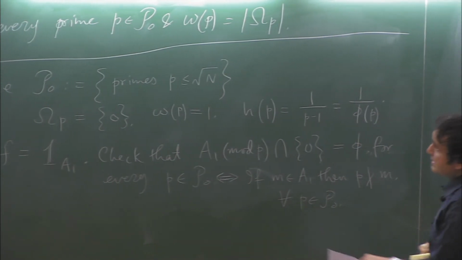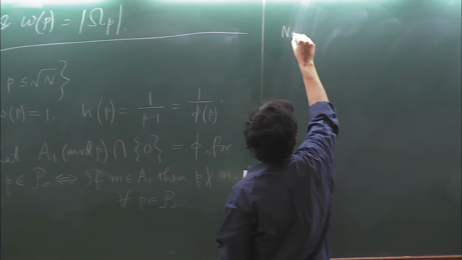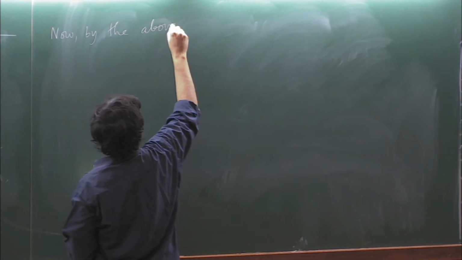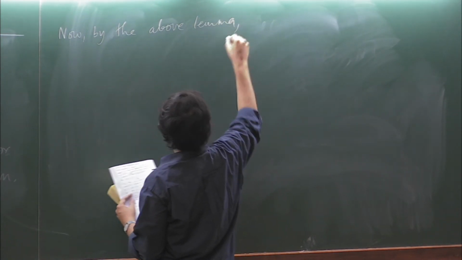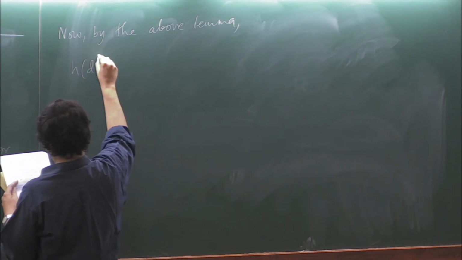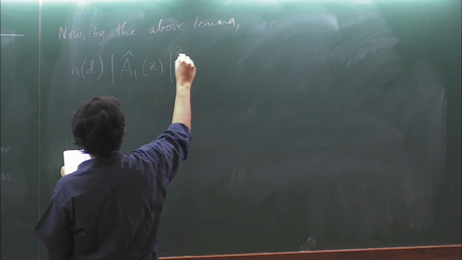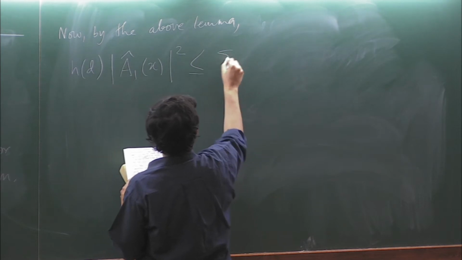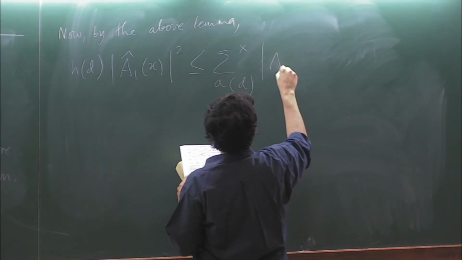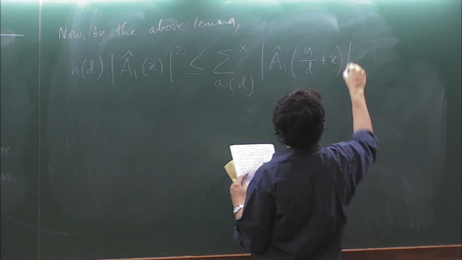So instead of writing q, I will write d. Now by the above lemma, what we get is h_d times |A1 hat(x)| whole square is less than or equal to the sum over a mod d star of |A1 hat(a/d + x)|.